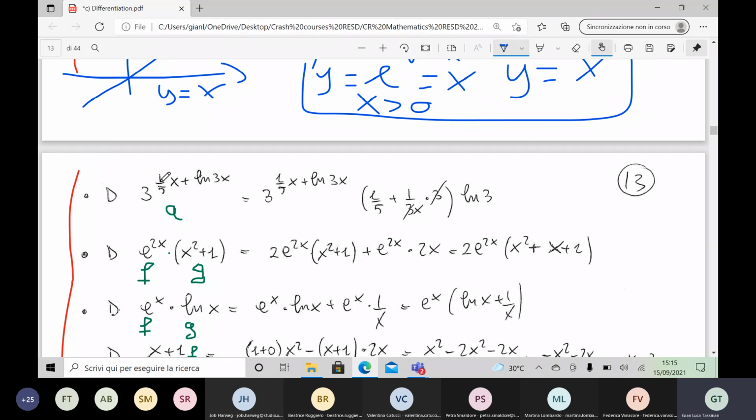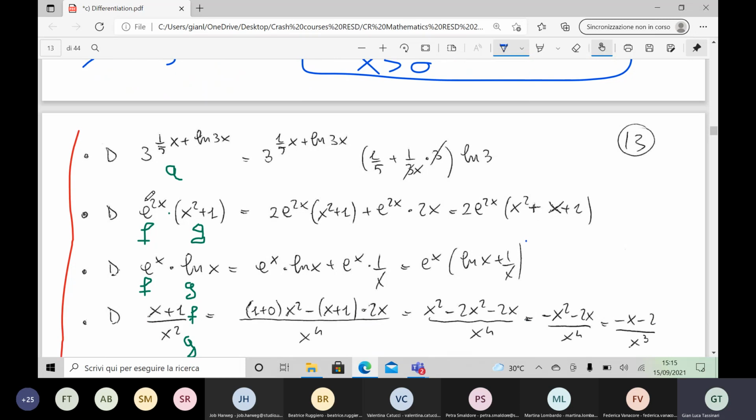Then I needed the derivative of a sum, which is the sum of the derivatives. The first involves the derivative of a constant times x to the power alpha, plus the derivative of this one involves knowing the derivative of the logarithm of f of x. But after having studied the rules and done the exercises and repeated, you have so many exercises at the end with all the steps and solutions, so you can practice when you want.